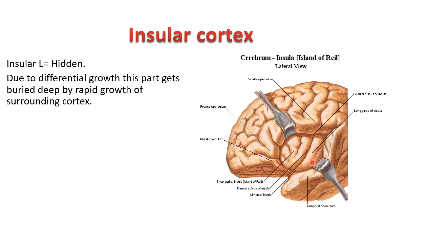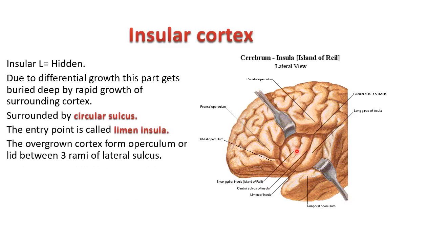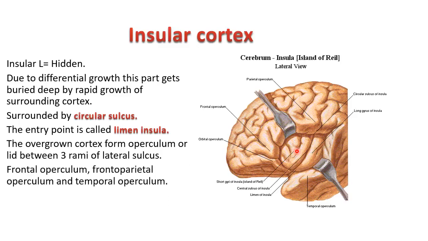That is why it is called the insula or hidden cortex. The entry point to the insula is called the limen insulae, and the sulcus surrounding the insula is called the circular sulcus. That depression surrounding the margins of the insula is the circular sulcus. Within the insula you have short and long gyri, called the gyri longi and breves.